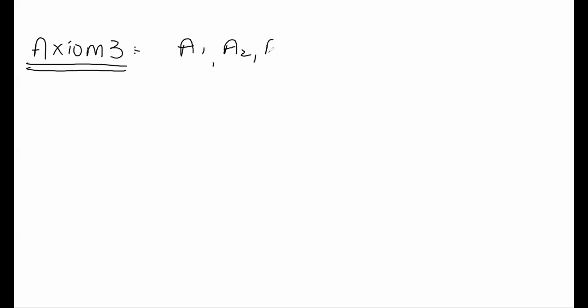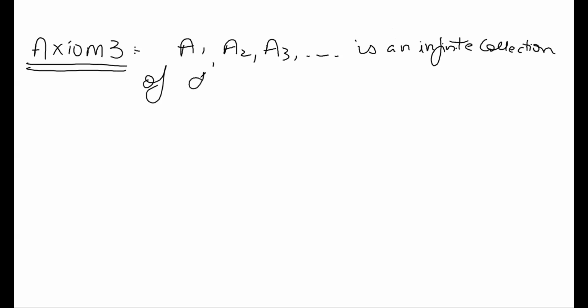So this was axiom 3. I am again explaining it on the whiteboard. Suppose we have A1, A2, A3, and so on, an infinite collection of disjoint events. Disjoint events means they have nothing in common.